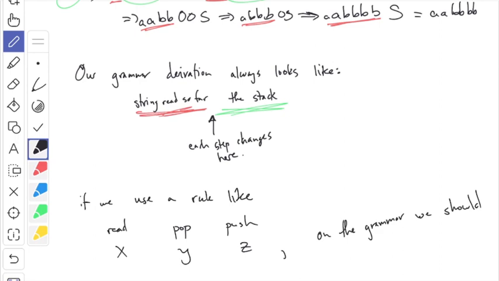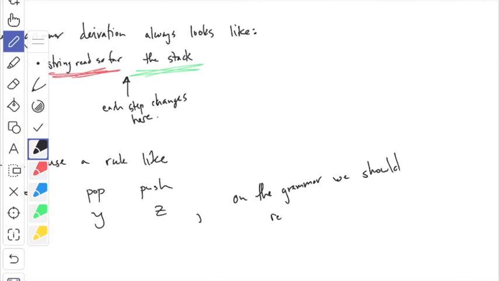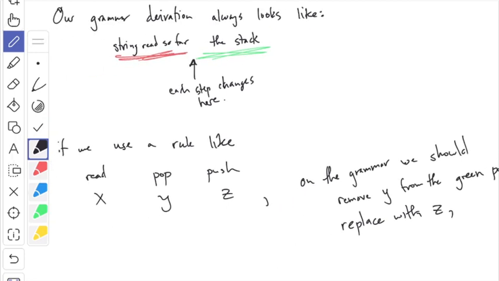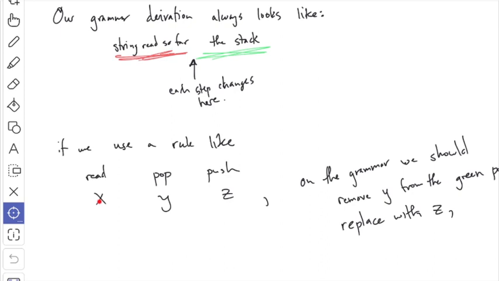So on the grammar, we should remove Y from the green part and replace it with Z, from the left end of the green part, I mean. And because we read the X, we should insert an X on the rightmost end of the red part, right? Because I read an X in this step. If I read an X, that should stick a new X on the end of the red part here.